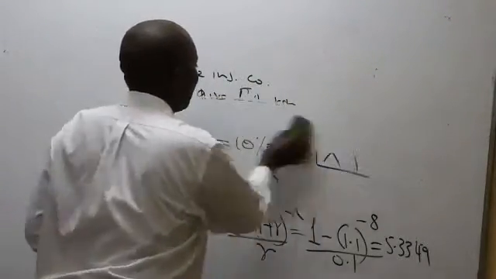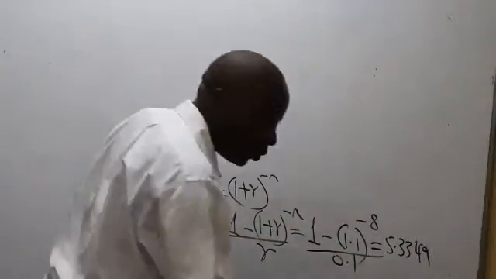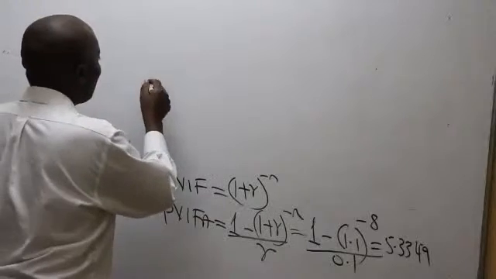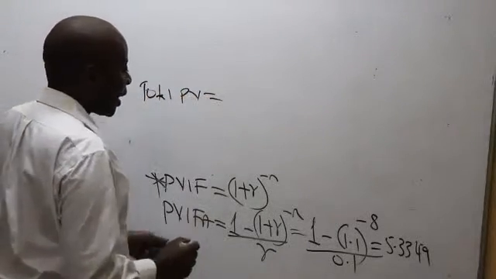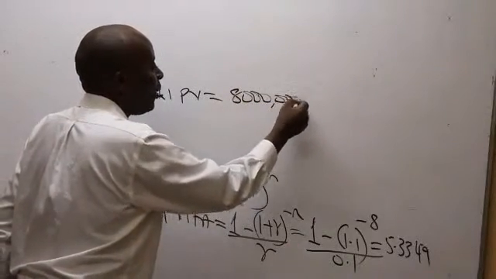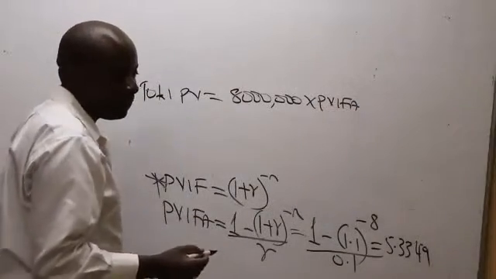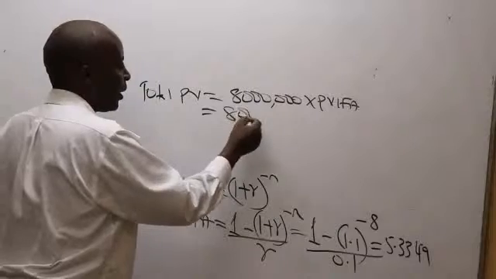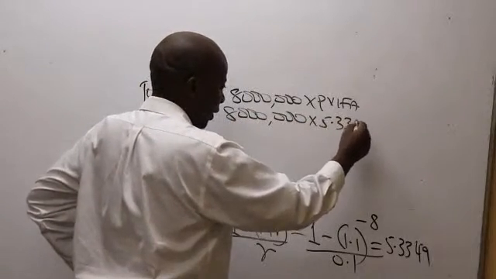If I want to get the present value of the cash flow, then this really will be a walk in the park. Total present value is equal to the cash flow that we have, the 8 million, times the present value factor of an annuity. So it will be 8 million times the PVIFA, which is 5.3349.